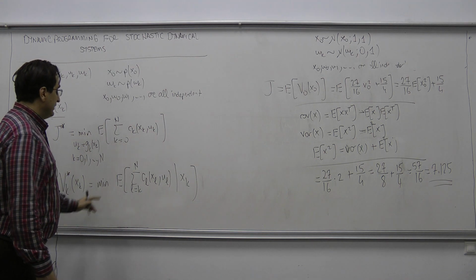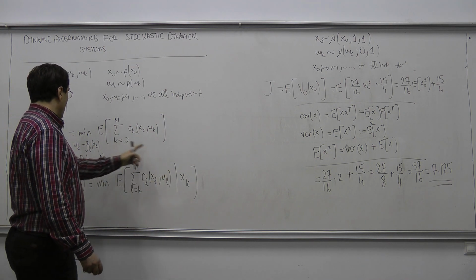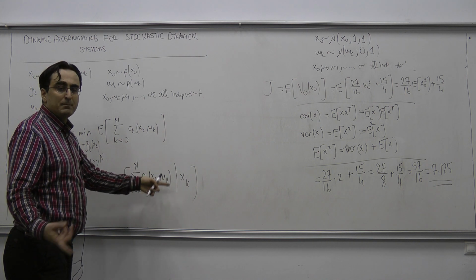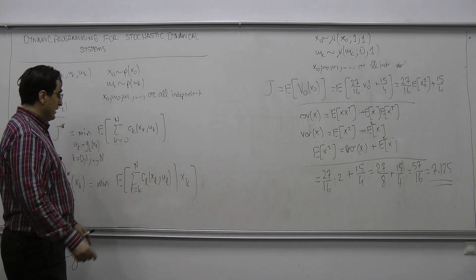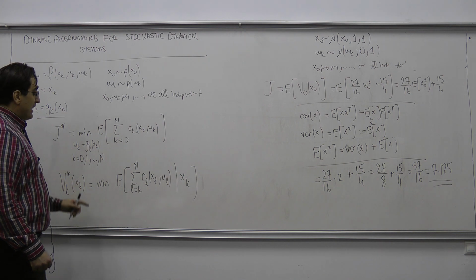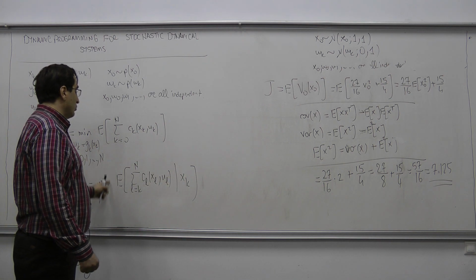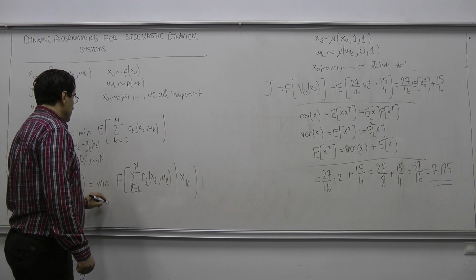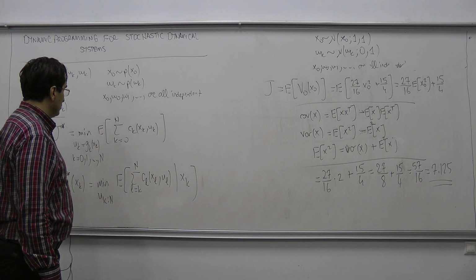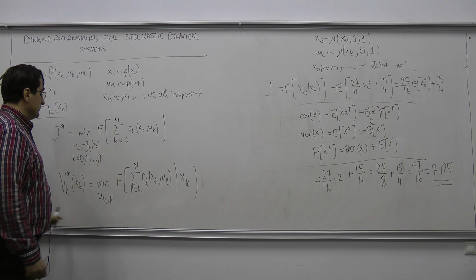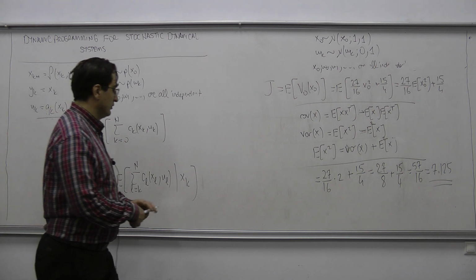Here in this cost to go, I have the input terms uk+1, uk+2, etc. I will define this function as the minimization of this cost to go with respect to all of these input variables from uk to un. Okay? This is my optimal cost to go function.